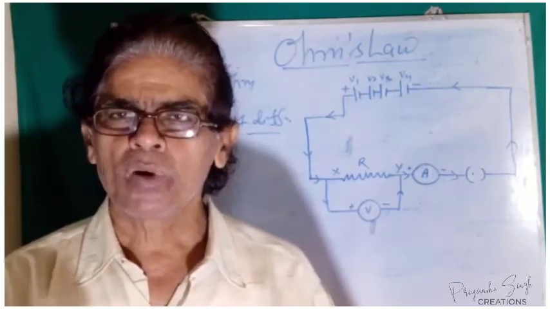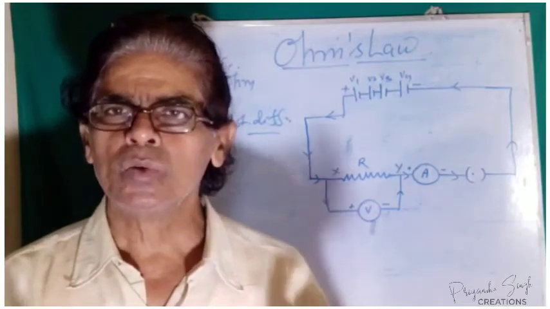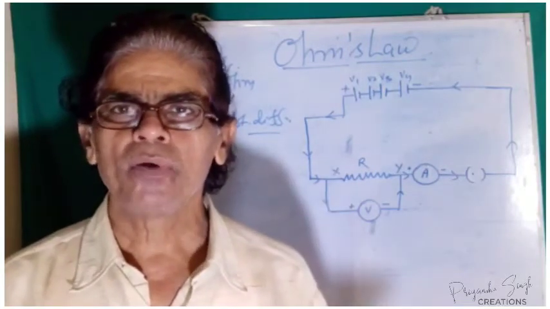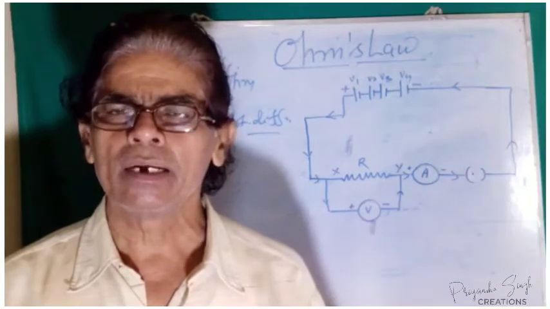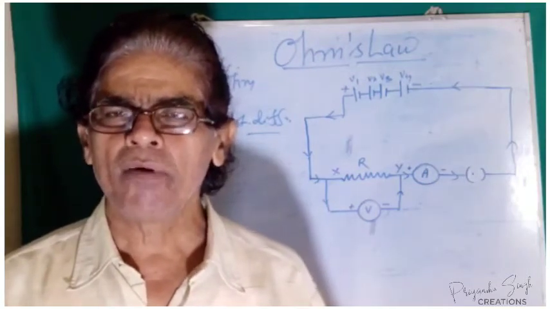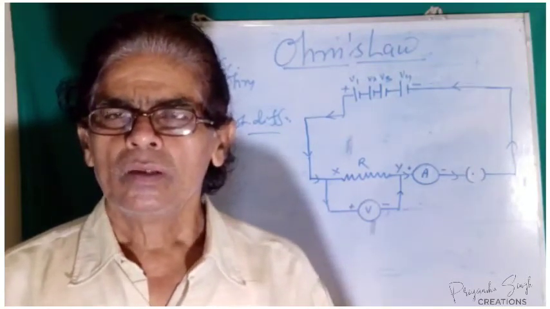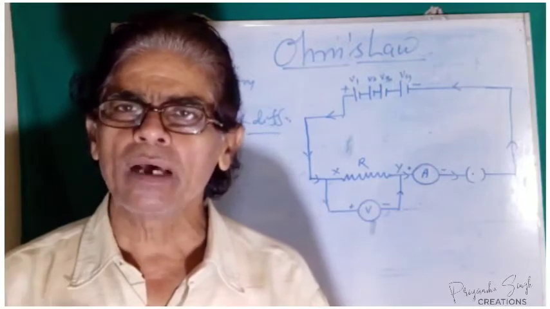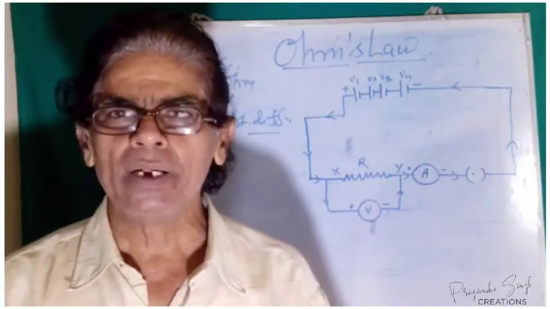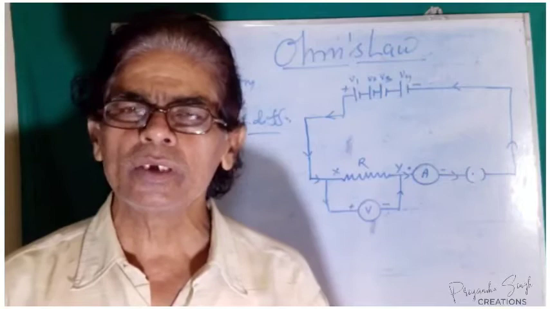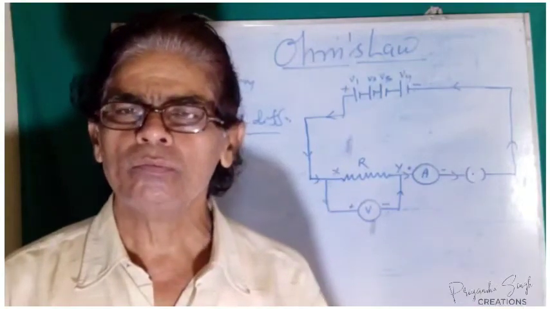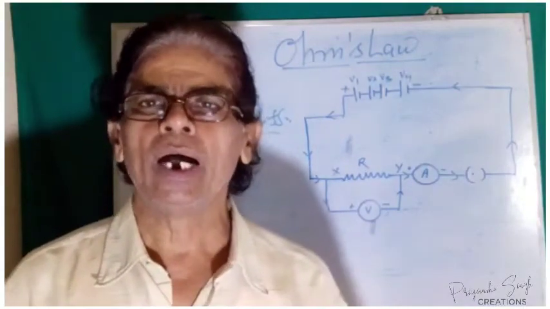The potential difference between 2 points of an electric conductor is defined as the amount of electrical work done in bringing the unit positive test charge from one point to another.